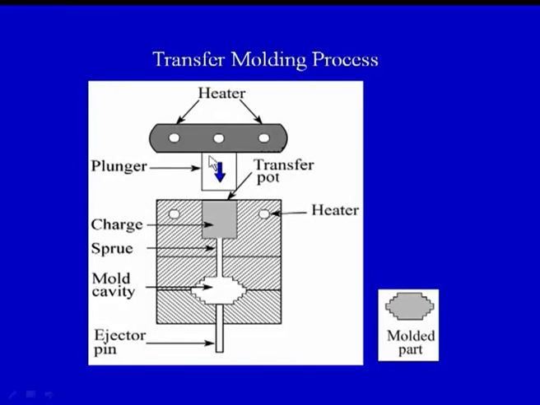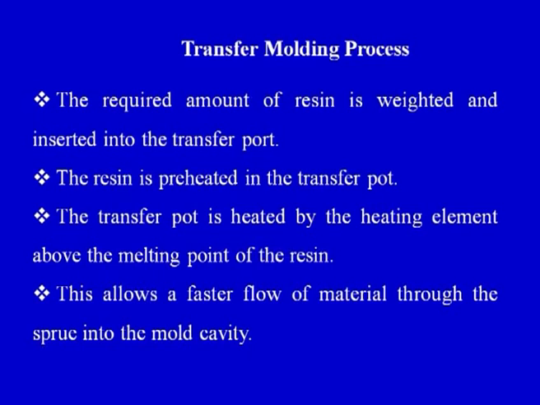The resin is preheated in the transfer pot. In the diagram we have seen that there are heating arrangements, and the charge is heated throughout the process. The transfer pot is heated by the heating element above the melting point of the resin.